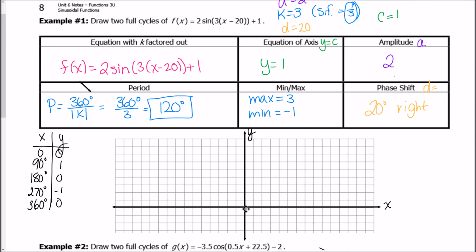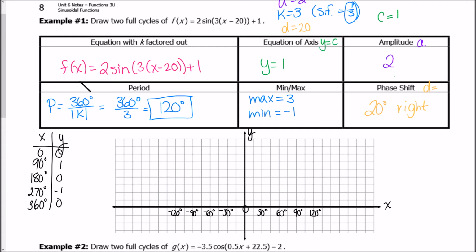Okay, so right here, what I'm going to do is I'm going to put 0 here, and I'm going to space it out so that I have 120 degrees over here. So I think that if I put 30 degrees here, and then I can put 60 degrees here, 90 degrees here, and then I'll put 120 degrees here, and then I'll do the same thing back here. So -30, -60, -90, and then -120.